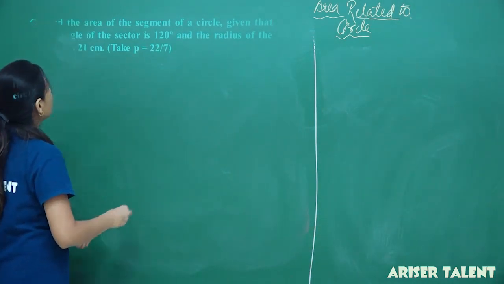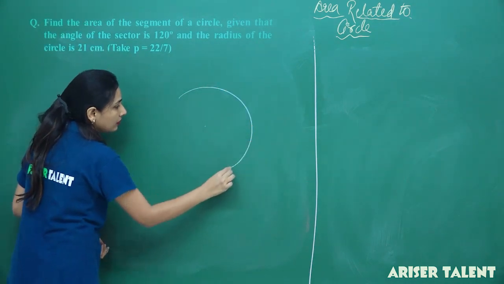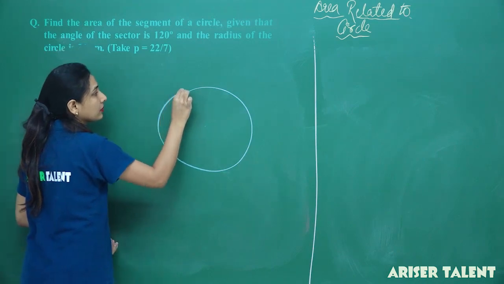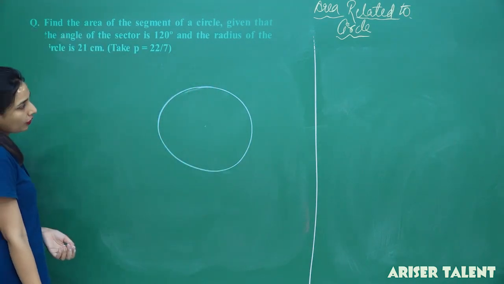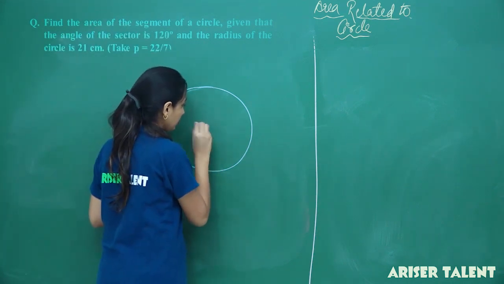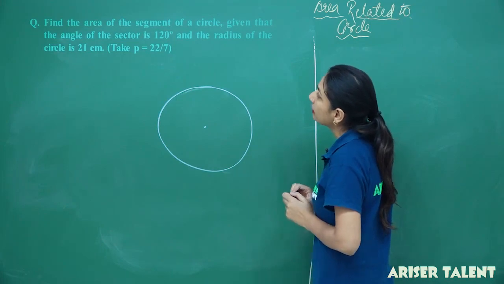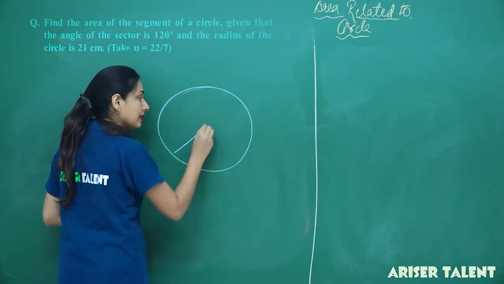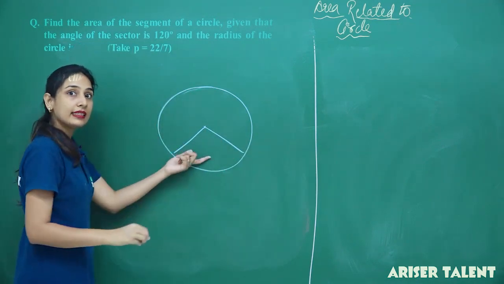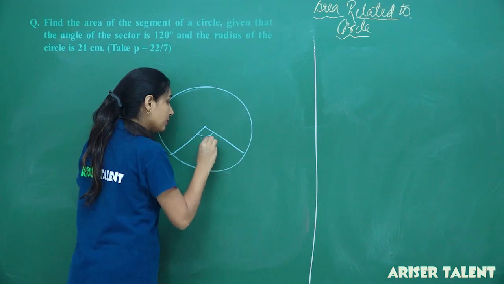Alright, so here we have this circle. Let's assume it's a perfect circle. Given that the angle of the sector is this, and the segment is that, the angle is 120 degree.